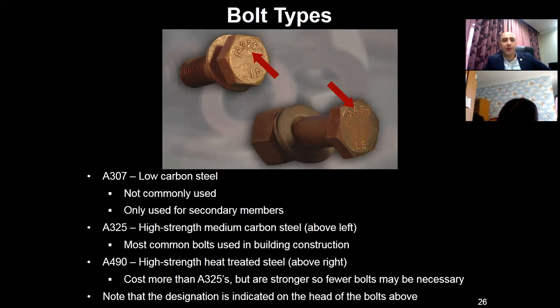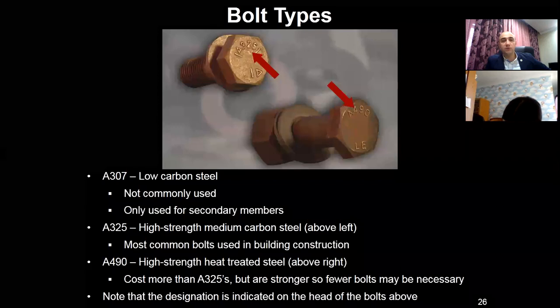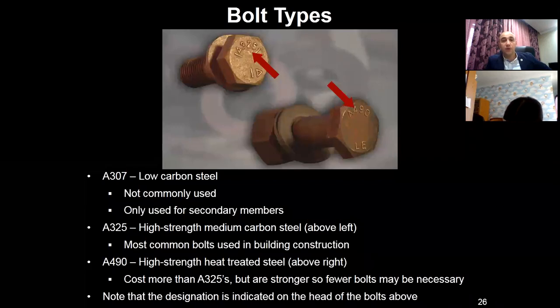Next one, A325. It's a high strength medium carbon steel, shown on the left part of the picture. This type of bolt is the most common type used in the design of steel constructions. And the right one, A490. It is a higher strength heat treated steel.